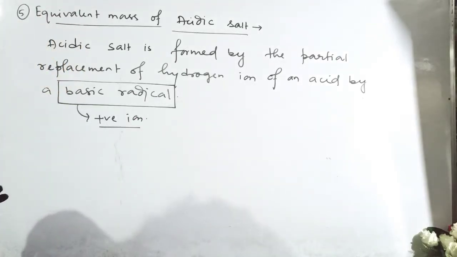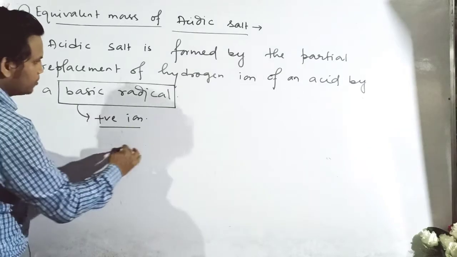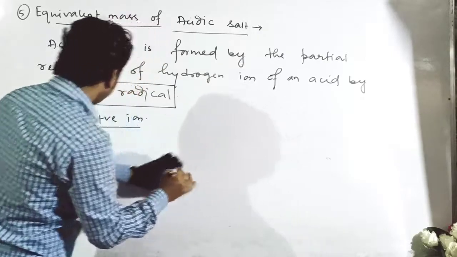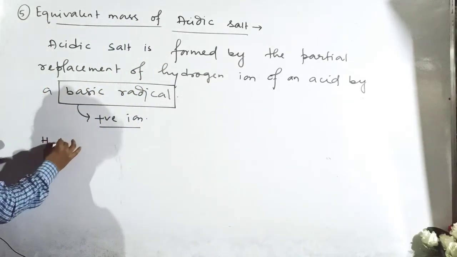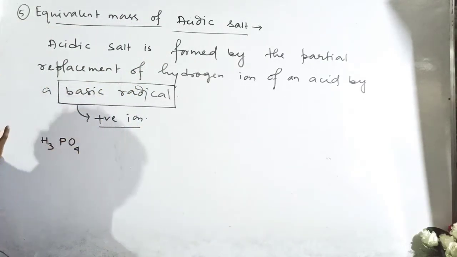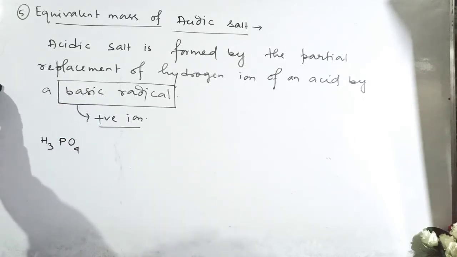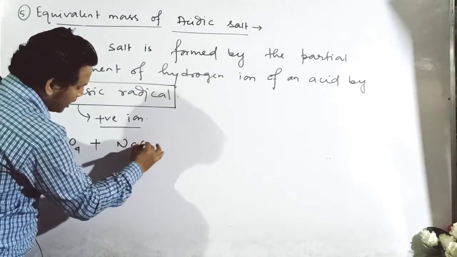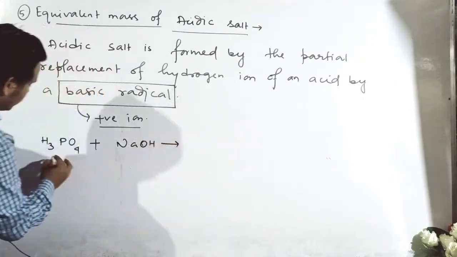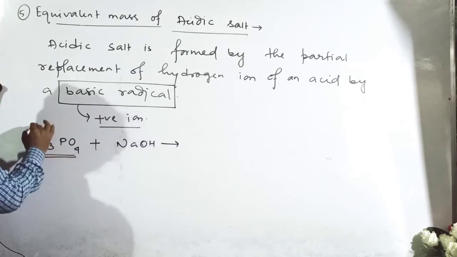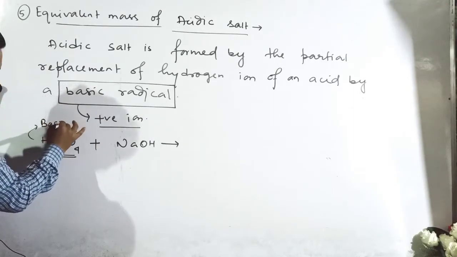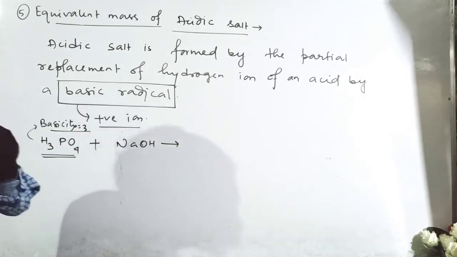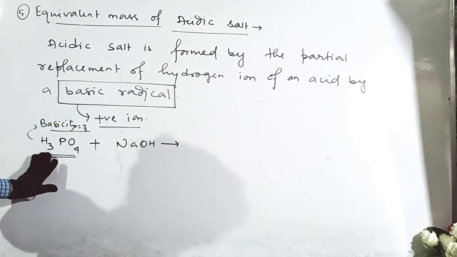For example, suppose we have taken H3PO4. If we give sodium hydroxide, so we know that in H3PO4 its basicity is 3.